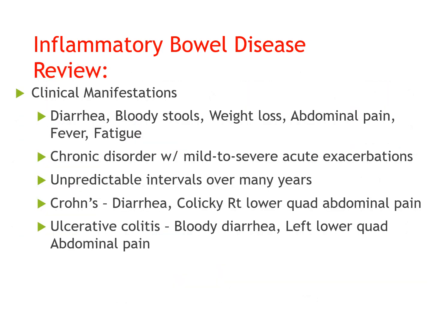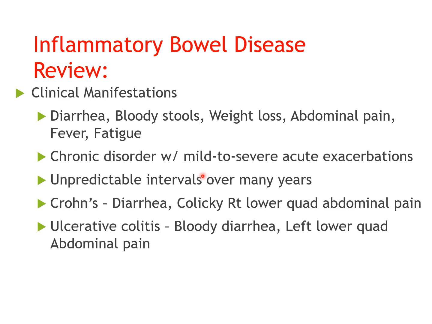All right, so in general, for inflammatory bowel disease, we're looking at a quick review here. So we know that we can get things like diarrhea, bloody stools, weight loss, abdominal pain, fever, and fatigue. You're going to split everything apart, and remember that bloody stools are more in line with ulcerative colitis, right?